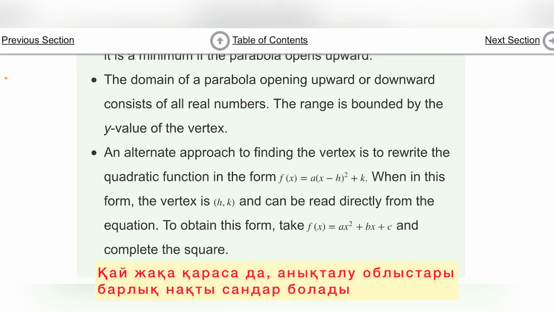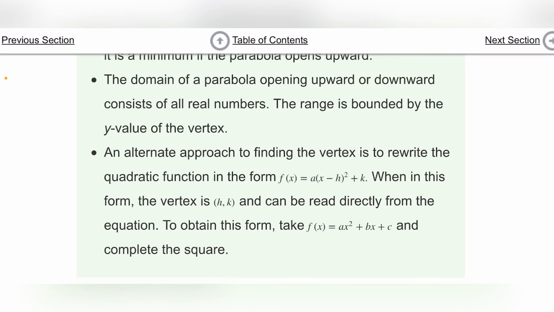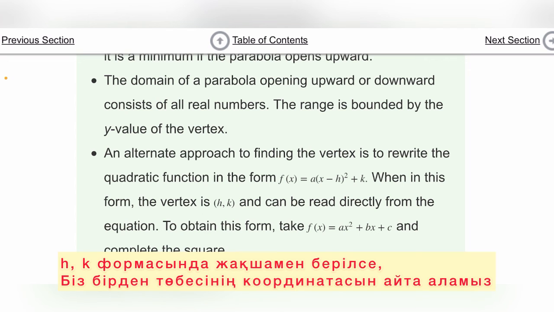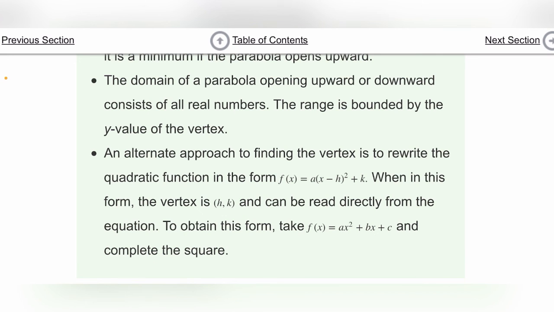The range is bounded by the y value of the vertex. An alternate approach to finding the vertex is to rewrite the quadratic function in the form f of x equals a multiplied by x minus h squared plus k. In this form the vertex is (h, k) and can be read directly from the equation. To obtain this form, take f of x equals ax squared plus bx plus c and complete the square.